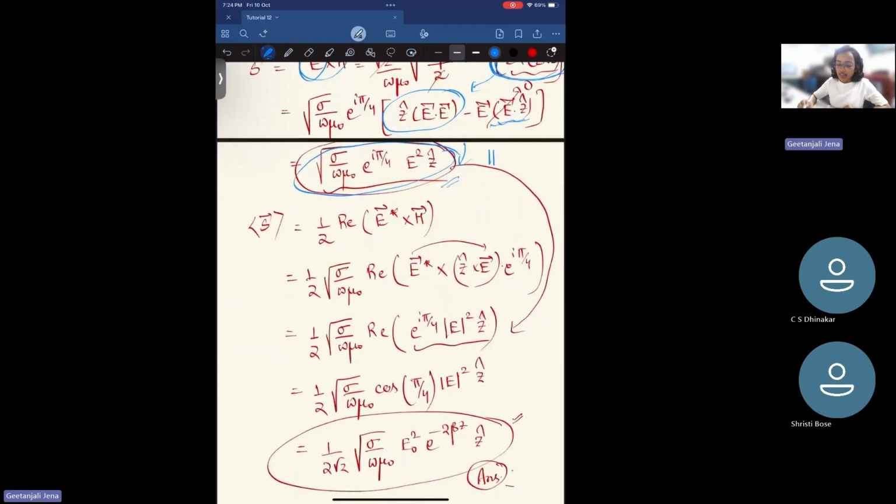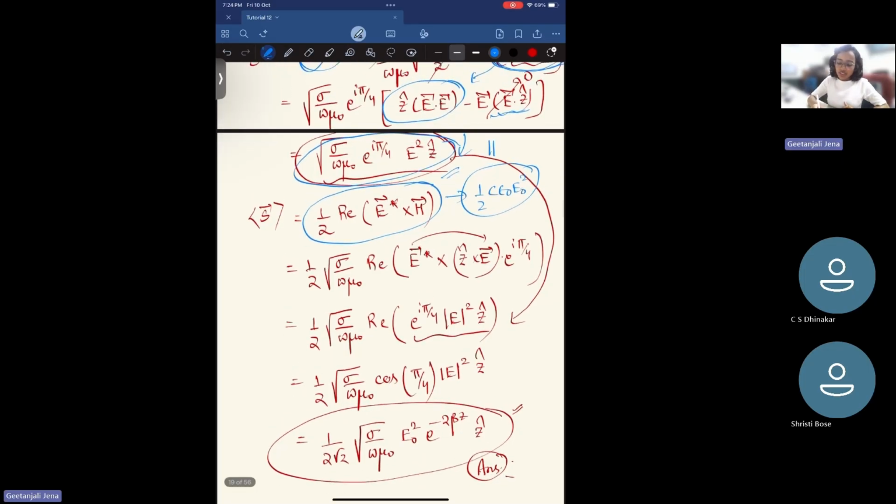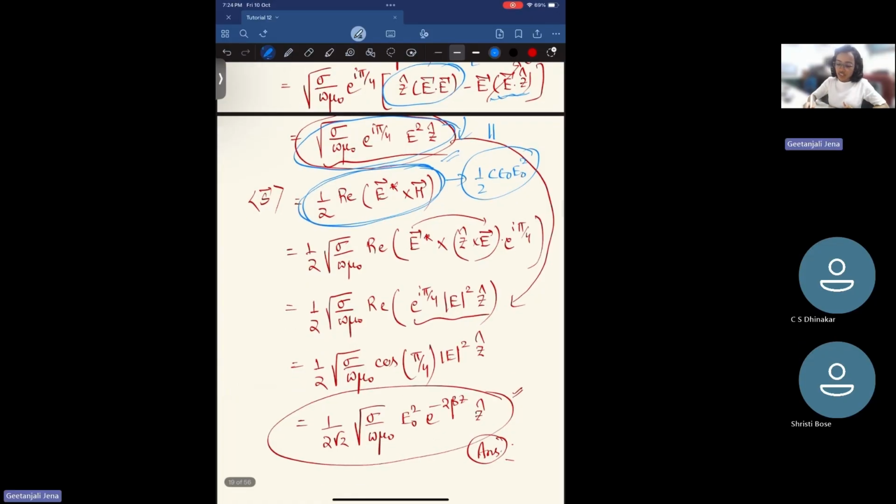What I've done next is that I have used the original formula for the Poynting vector. So this is the original formula. You will get half c epsilon naught A squared, if I'm not wrong. So this I have used, and instead of calculating again, you can just use this expression here.